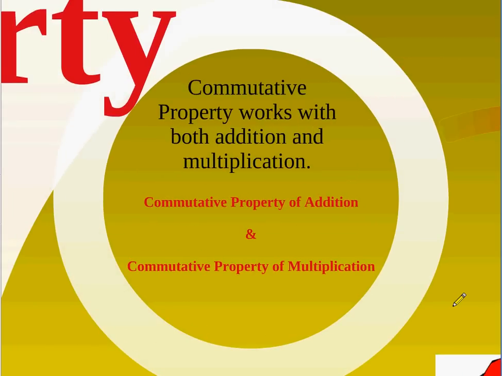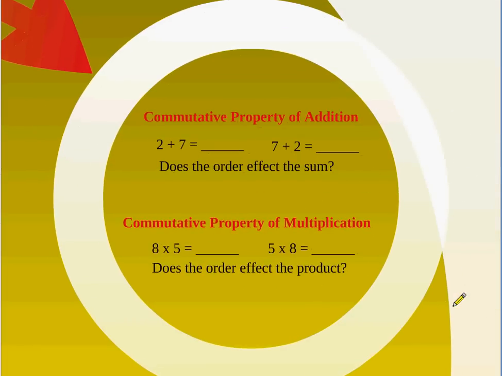It works with both addition and multiplication, and it has two different names for each one. Commutative property of addition is for addition, and commutative property of multiplication is for multiplication. Easy enough, right? So the commutative property of addition, if you take a look here, 2 plus 7 equals what?